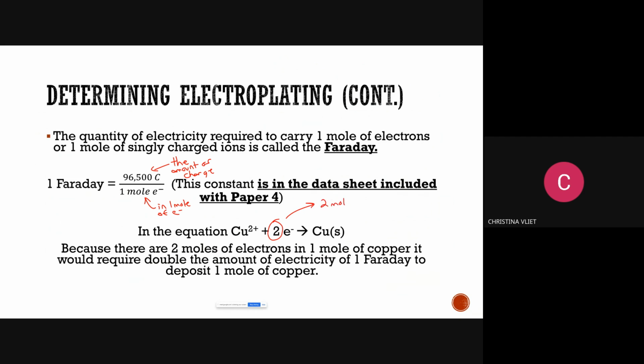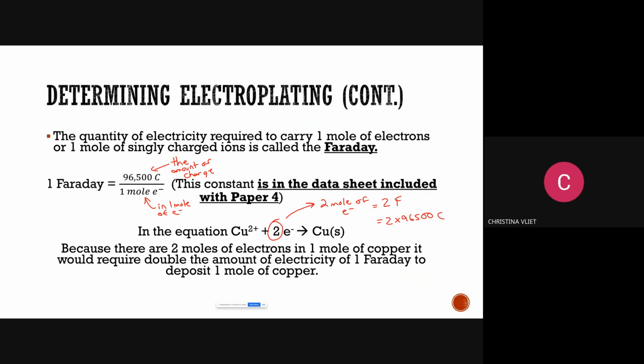So 2 moles of electrons would be 2 Faradays, which would be 2 times 96,500 coulombs for the amount of charge that's passed through. And we're going to use this the same way that we use any other relationship. We're going to do dimensional analysis, or some of you think of it as stoichiometry, to solve these questions.